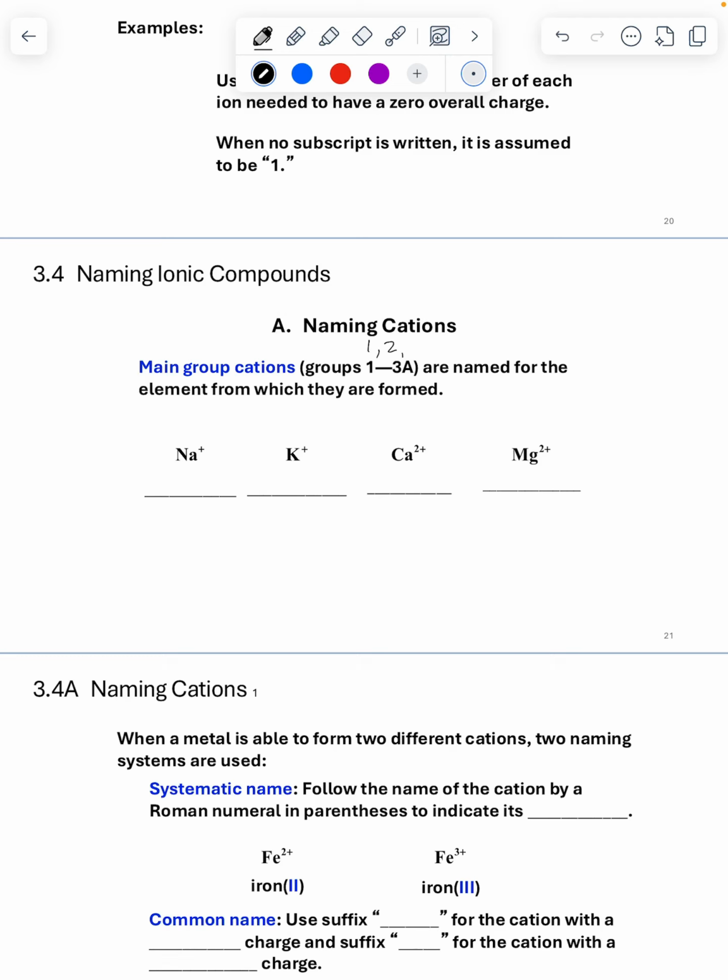So Na+1 is simply named sodium ion. K+1 is potassium ion. Ca+2 is a calcium ion. And then Mg2+ is a magnesium ion. So cations are easy to name. They're just named after their parent element.